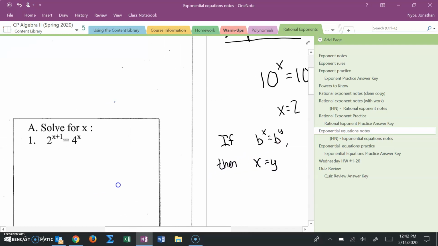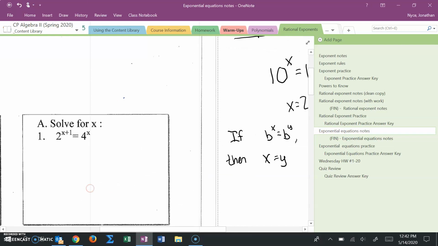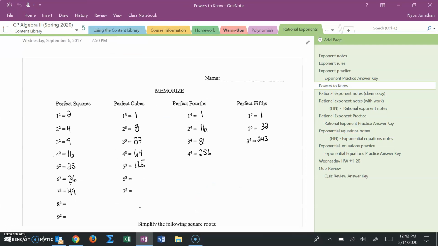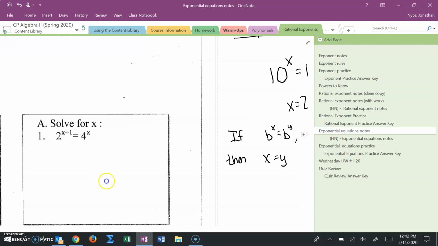That's the whole basis for what we're going to be looking at. One thing that's going to help as we're doing this is the powers to know. If you know your different powers, knowing that 8 is 2 cubed, knowing that 81 is 3 to the fourth, things like that will help with this.